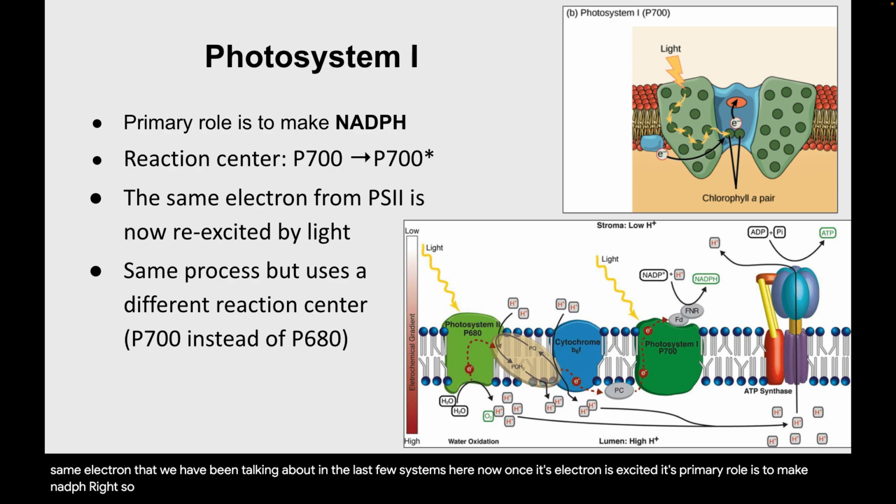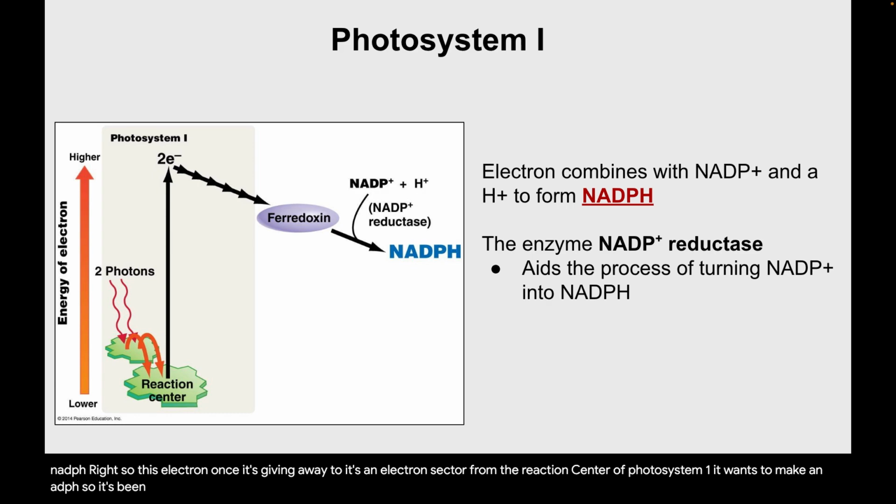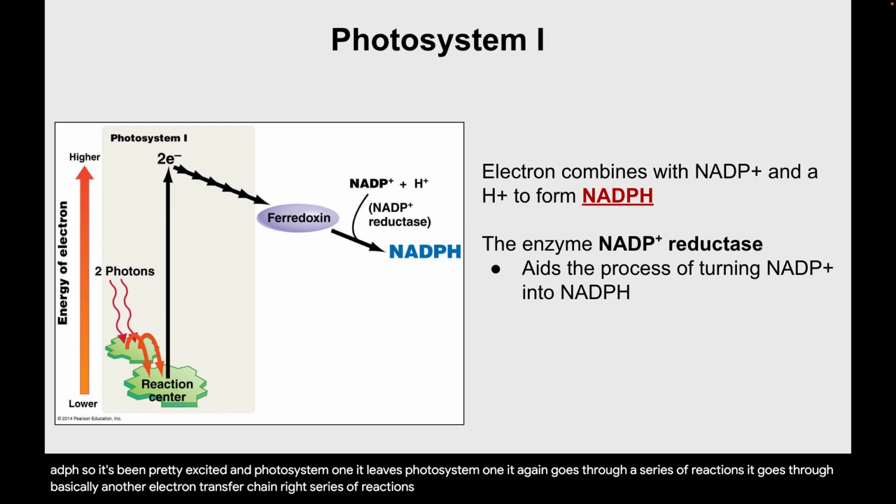Once this electron is given away to its electron acceptor from the reaction center of photosystem 1, it wants to make NADPH. So it's been re-excited in photosystem 1. It leaves photosystem 1. It again goes through a series of reactions, basically another electron transport chain, until it reaches NADP+.